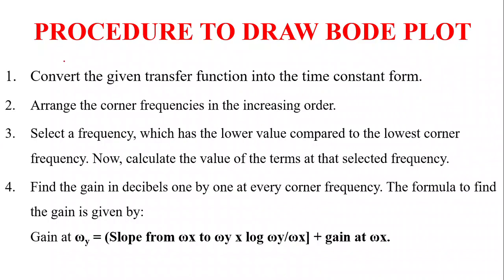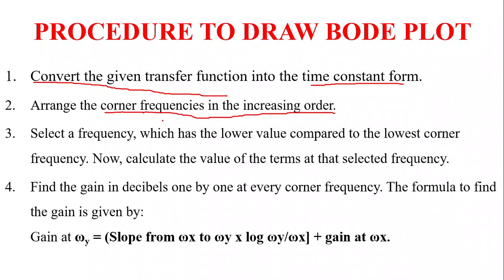Now let's discuss the steps that will help us to draw the Bode plots. The first step is to convert the given transfer function into the time constant form. It helps us to easily find the corner frequencies. The second step, we have to arrange the corner frequencies in increasing order.